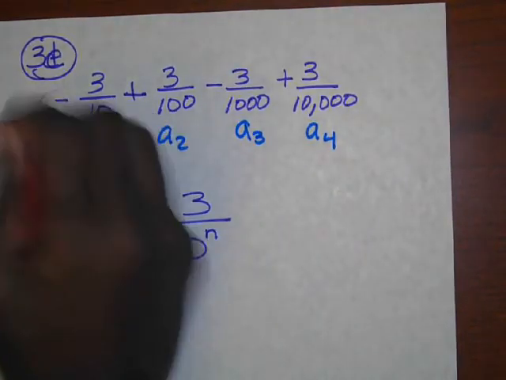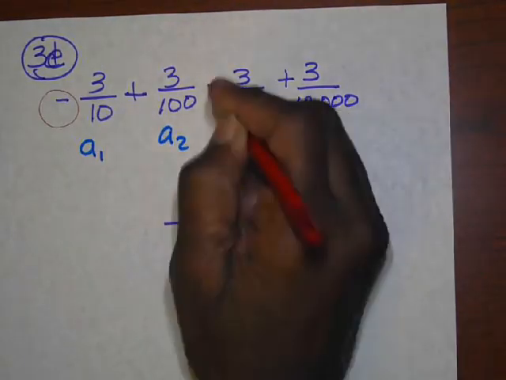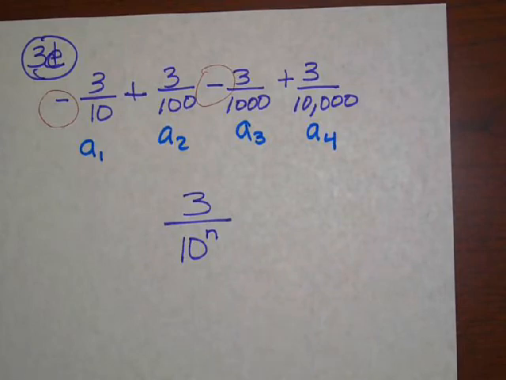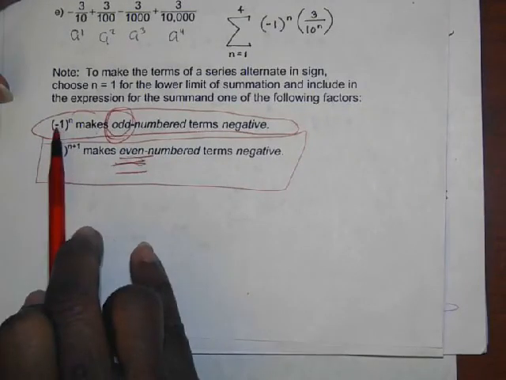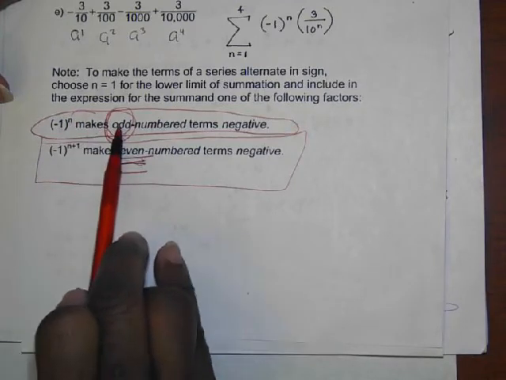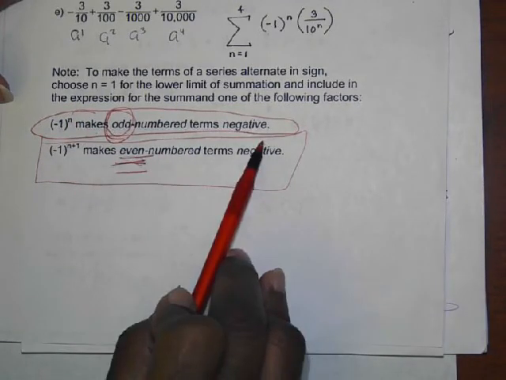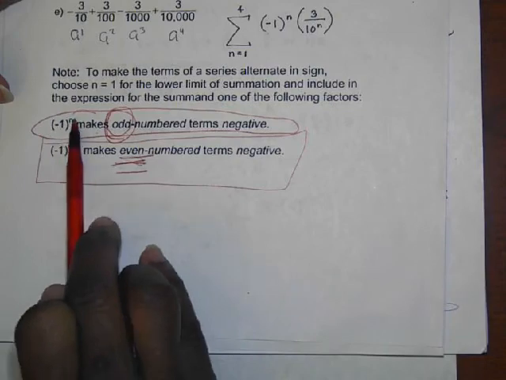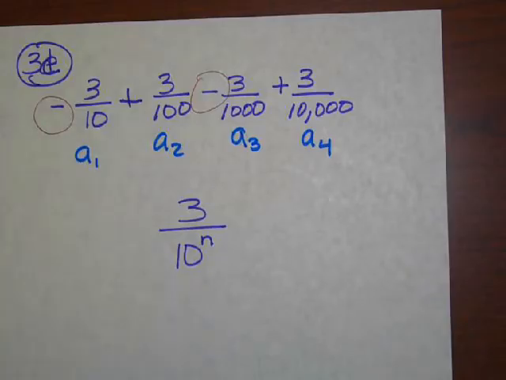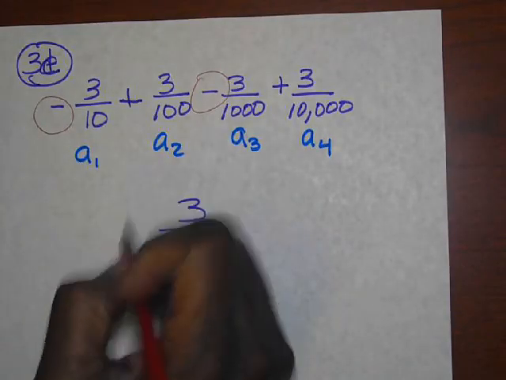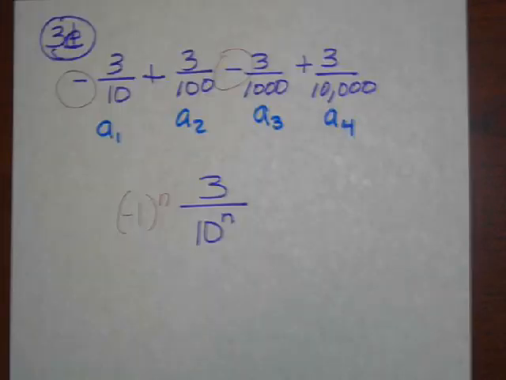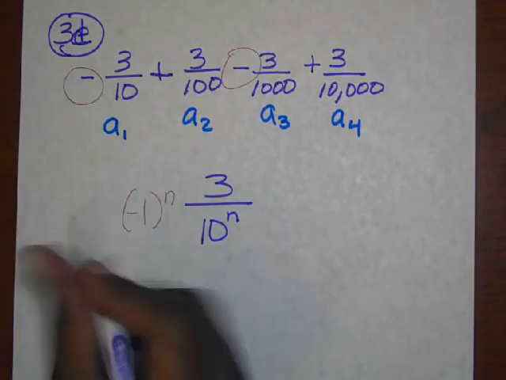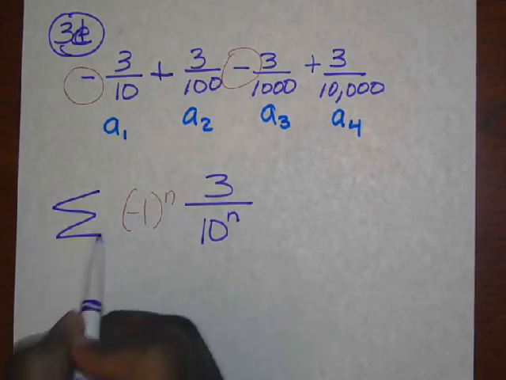The first term is negative. The third term is negative. It tells us in our notes right here, negative 1 to the n makes the odd numbered terms negative. That's how I know to put negative 1 to the n in the front. So right here, I'm going to have negative 1 to the n. And I'm done.